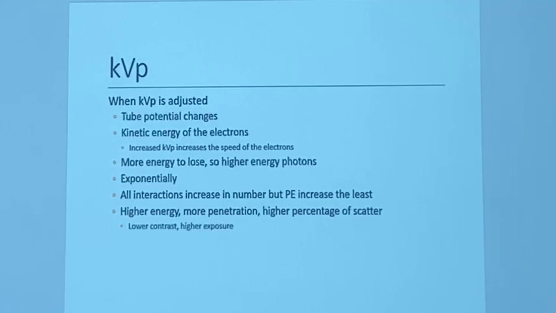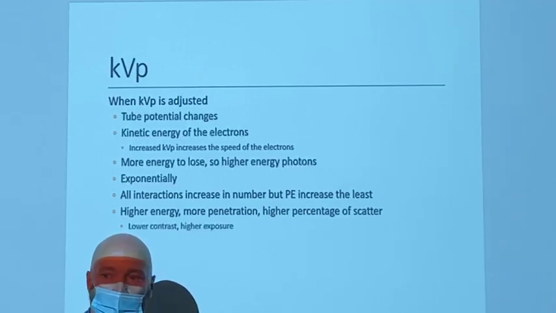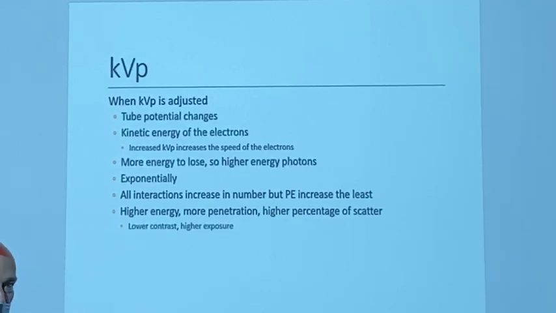But what determines the energy level of the brems photons? Basically, how the nucleus of the atom is going to influence the electron as it comes through. So the more energy it loses, the higher the energy of the X-ray photon.